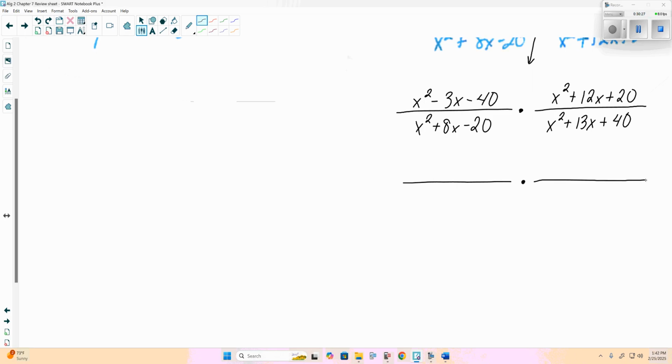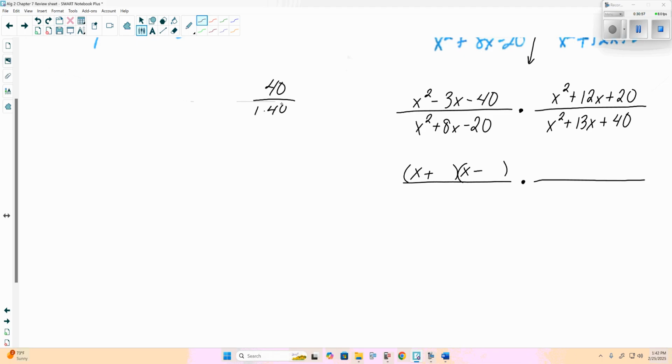Now we need to factor. Which one of these do we want to factor first? Top left. x squared minus 3x minus 40. Is there a greatest common factor? No. Third term's negative, so our signs are opposite, positive and negative. Factors of x squared, x and x. Now our factors of 40.